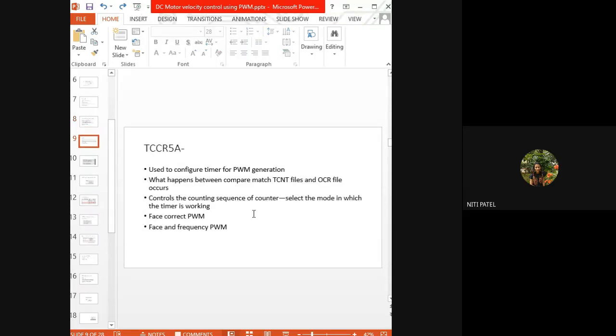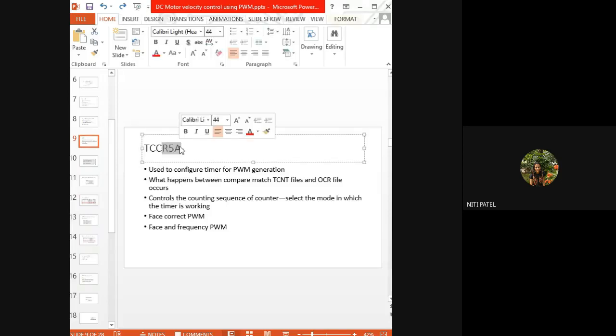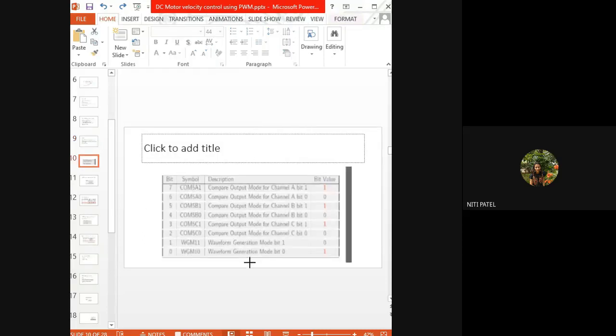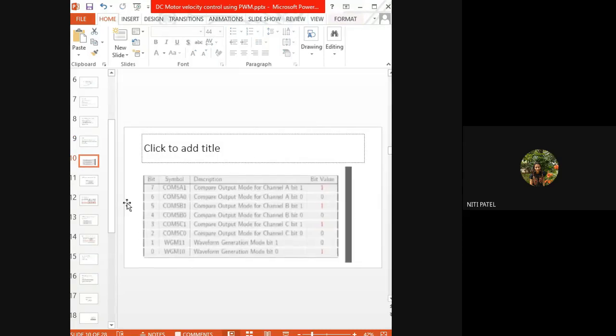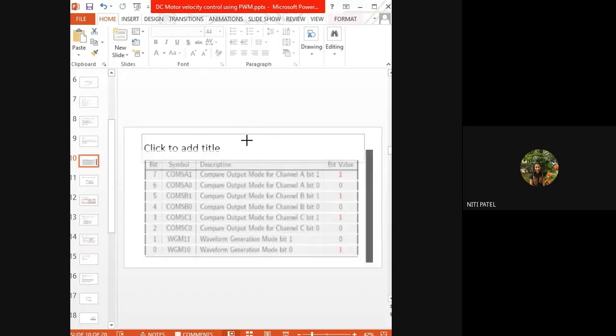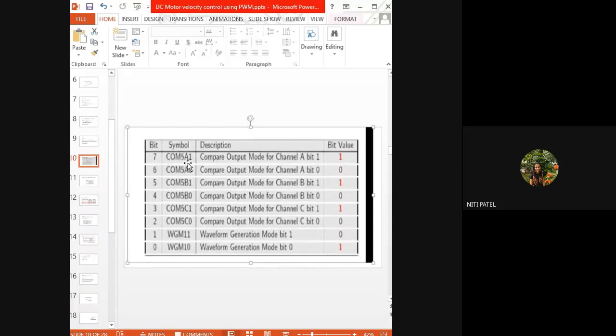And who will be selecting that mode? It will be selected by this TCCR5A register. Okay. Now see this diagram. हर एक bit को एक एक values दिया है. We have COM5A1, COM5A0, COM5B1, COM5B0, COM5C1, COM5C0, WG for waveform generations.